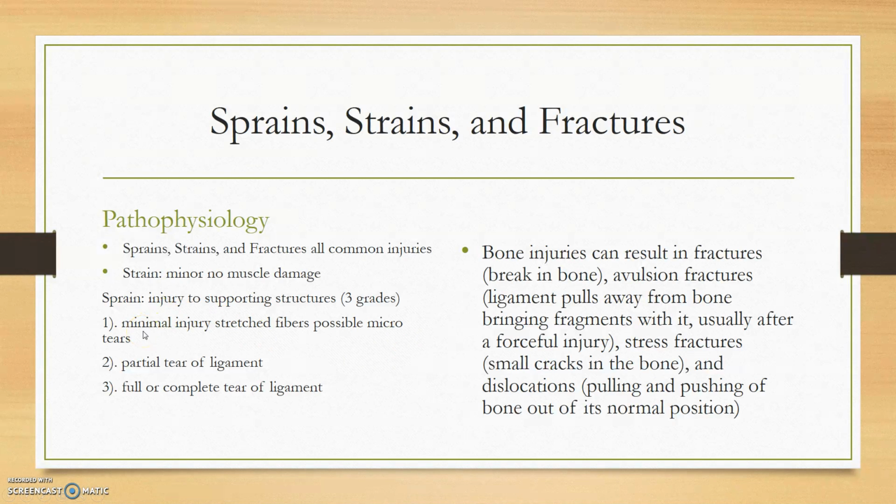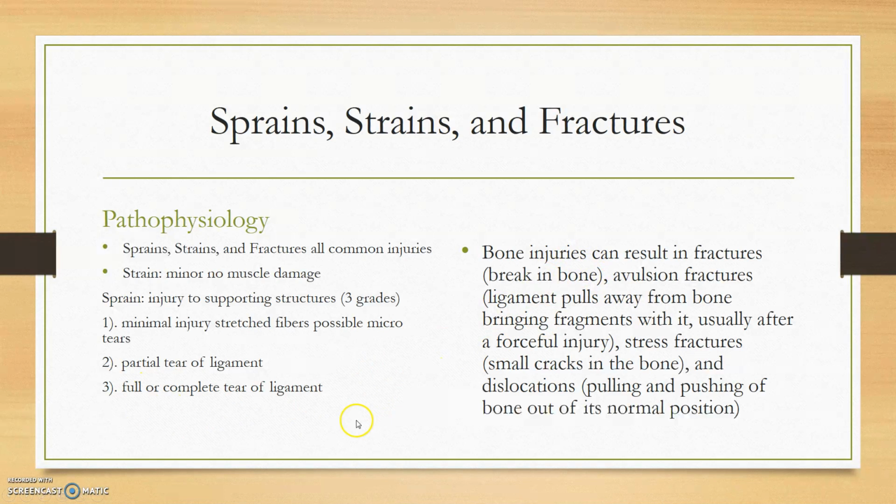So a grade 1 sprain is minimal injury of the stretched fibers, and there's possible micro tears, but they're very minimal, okay? 2 is a partial tear of the ligament.